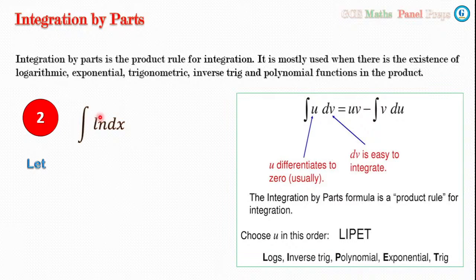With ln x, we consider the number 1 to be the other function. So we have two functions: the first is 1, the other one is ln x. Once you choose a u, according to Lippert, there is a logarithmic function here, so that one should automatically become a u. So u is equal to ln x, and dv is equal to 1.